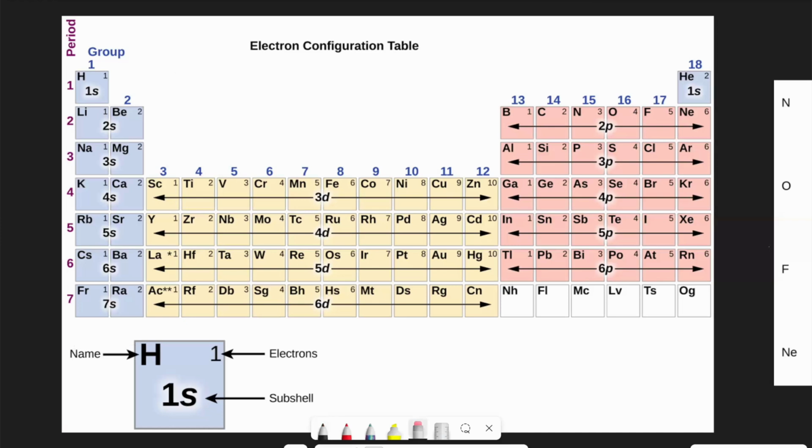So if we move on to this block over here, we're going to notice that that is the P block, because once we go past 1s2 and then 2s2, which is beryllium, the next highest subshell in energy within the second energy level, which is 2, is going to be 2p. And so we're going to start to fill in. So this would be 2p1, and then this would be 2p2, and this would be 2p3.